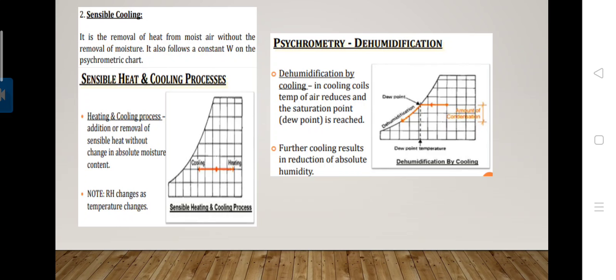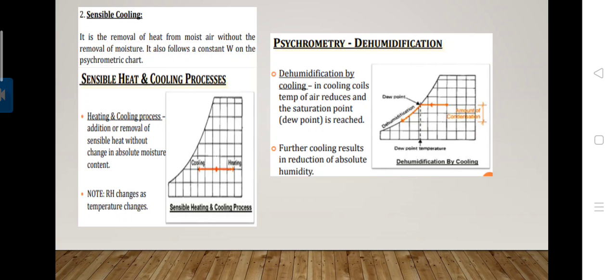For sensible heating and sensible cooling, the bypass factor of a heating coil is the ratio of T2 minus T3 divided by T2 minus T1. In the case of a cooling coil, it is T3 minus T2 divided by T1 minus T2.